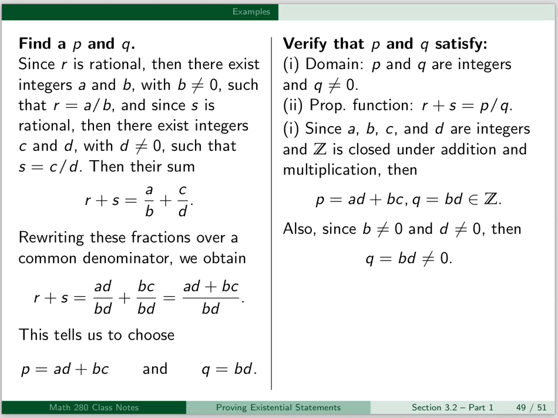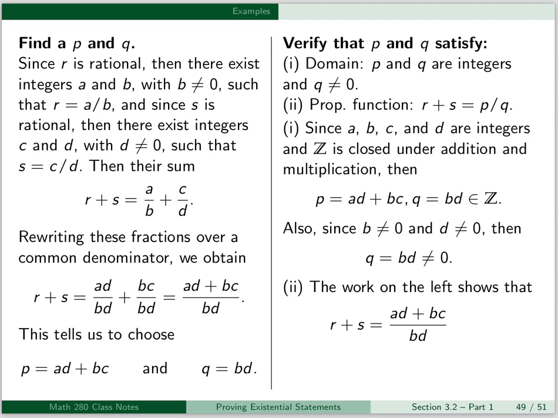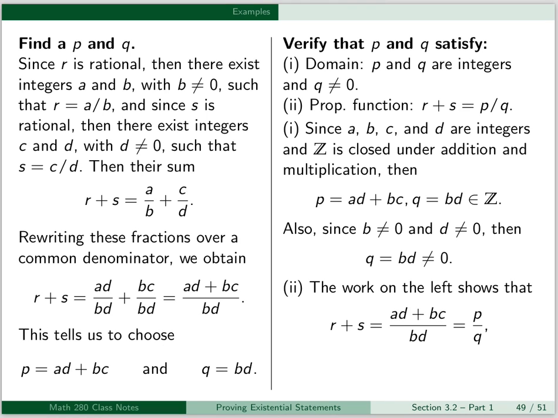So this verifies our domain condition. For our propositional function, we can refer to the work on the left. The work on the left shows that r plus s equals AD plus BC over BD, which is our p over q. So p and q satisfy the propositional function.